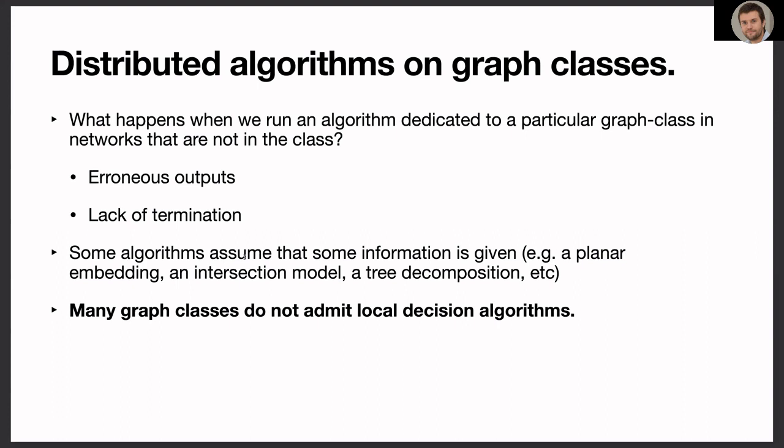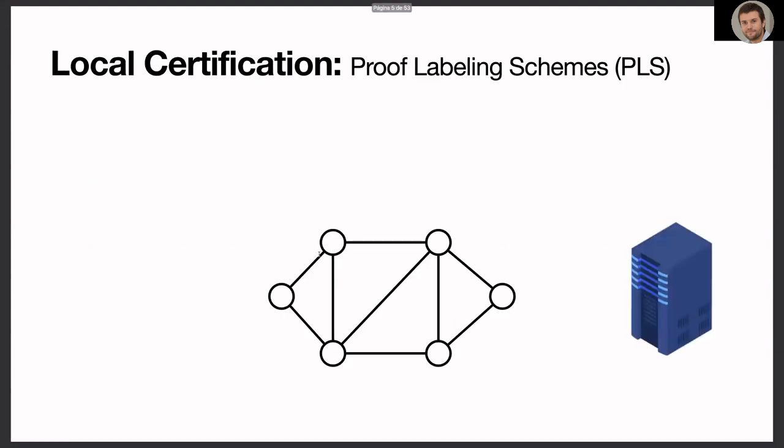So they require a lot of rounds. This is somehow problematic, because if the classes cannot be recognized, there is no question about computing, for example, an intersection model or the planar embedding. So to cope with this problem, we can ask for local certification.